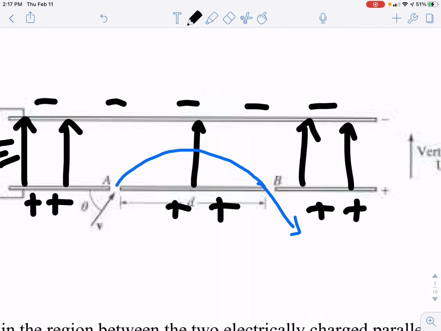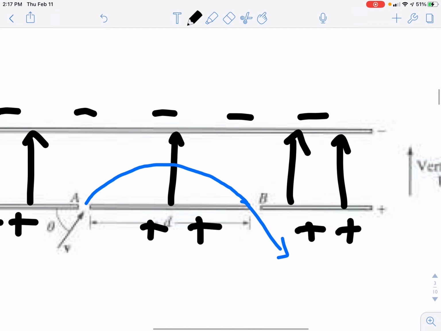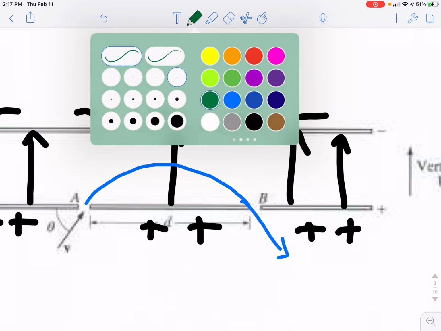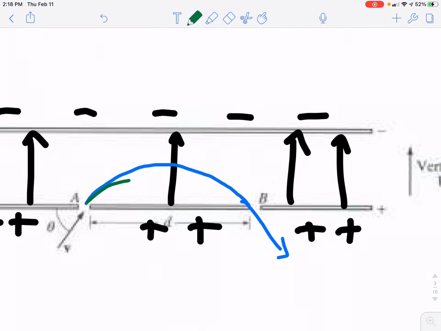But what if you had two forces, a gravitational force and an electric force? Well, that would only mean that your electron would curve more drastically to the positively charged plate, meaning distance d would be less.